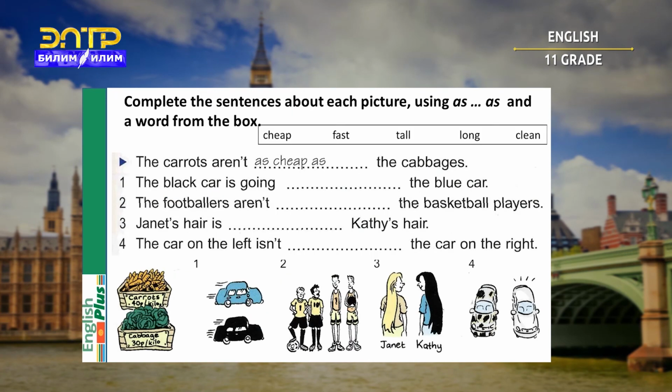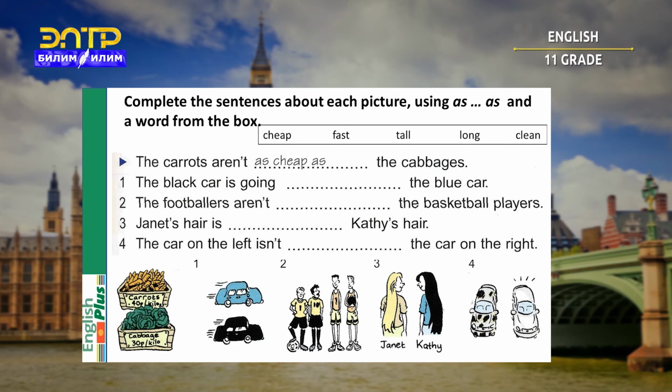Now, I want you to complete the sentences. On the screen, you can find 4 pictures. Your sentences are about those pictures. Your task is to complete the sentences about each picture. Use as... as and an adjective from the box. The first one has been done for you.